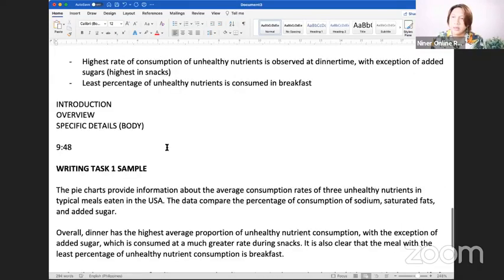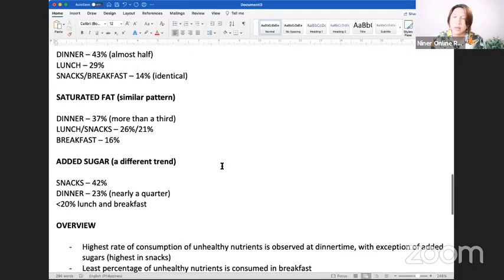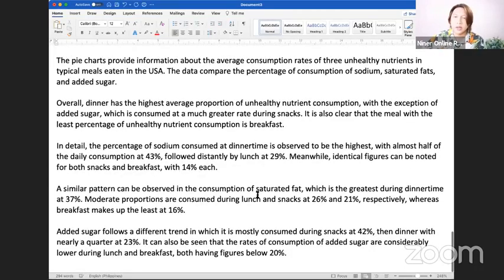I forgot those things. For saturated fat I can write "more than a third" as well. Just a moment, my PC is crashing at the moment.